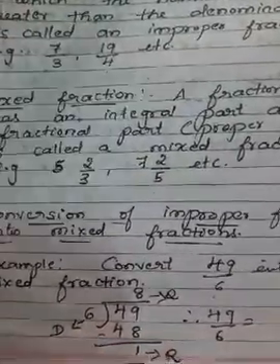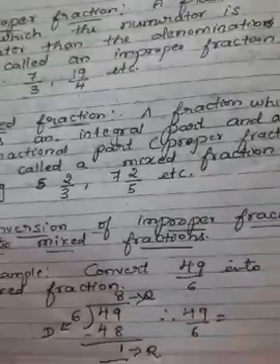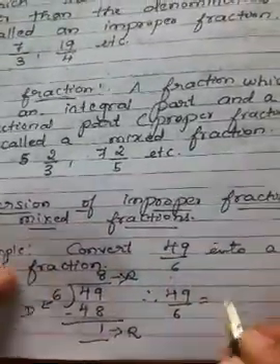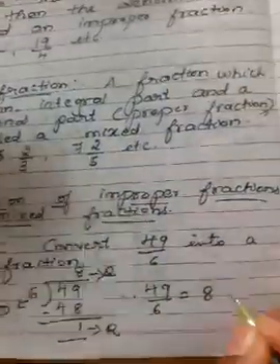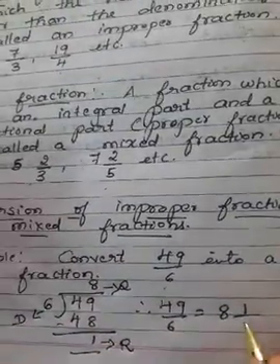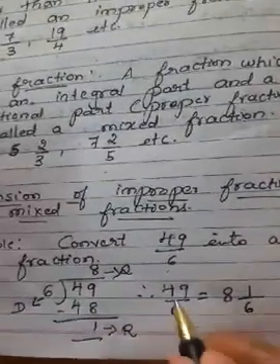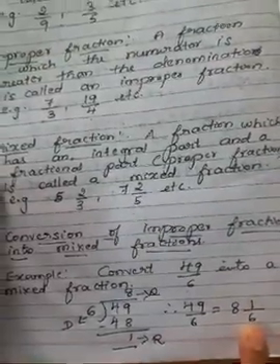This is the divisor. Now write this 49 upon 6 in the form of quotient. Quotient is 8, remainder is 1 and divided by divisor, that is 6. So it is written as 8 1 upon 6. Okay.